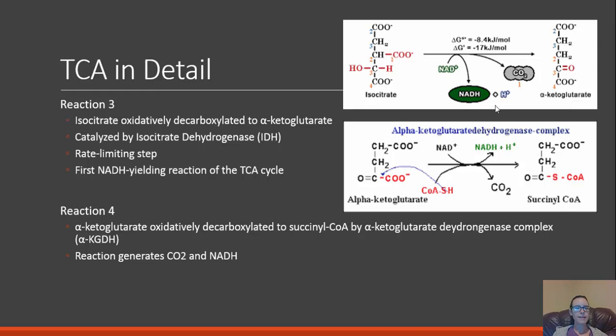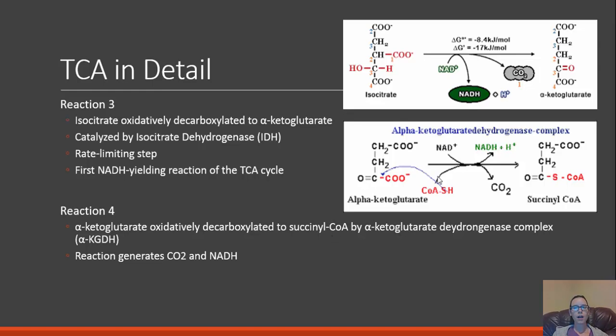The catalyzing enzyme is isocitrate dehydrogenase, which makes sense because not only are we losing a carboxyl, we also have hydrogen from the isocitrate being transferred onto the NAD so that the NAD is reduced and isocitrate is oxidized. This is a rate-limiting step and the first NADH-yielding reaction of the TCA cycle. This is a dehydrogenase reaction that produces NADH that will go on to the electron transport chain.